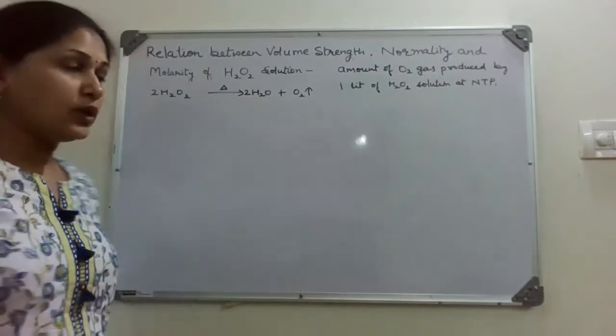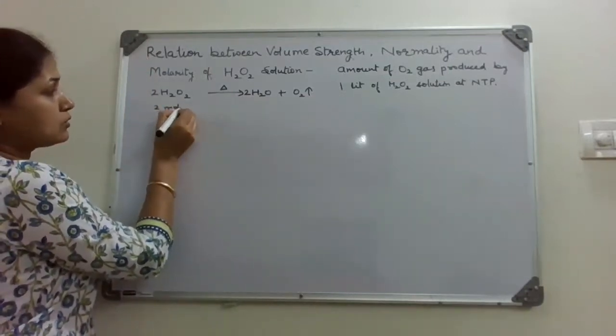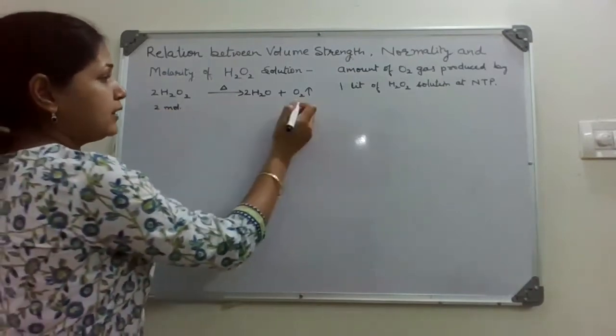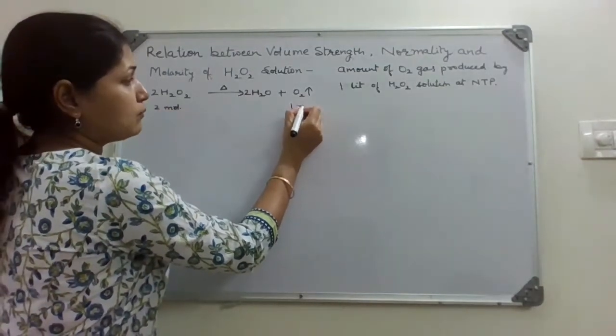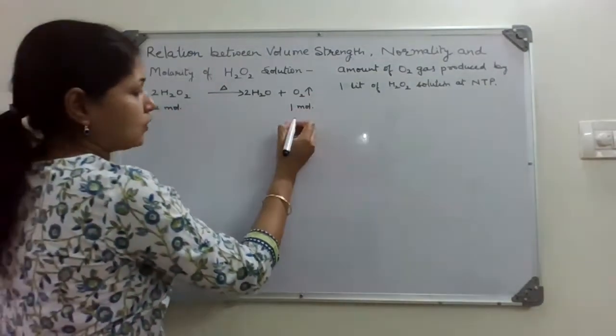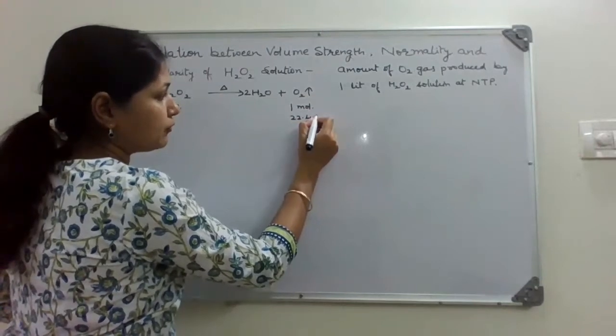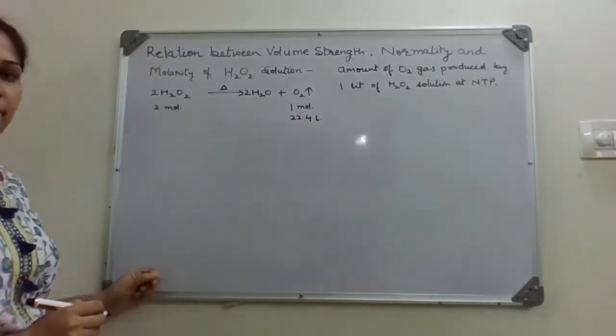If we apply mole concept here, we can say that 2 moles of hydrogen peroxide on decomposition produces 1 mole of oxygen gas. And we know 1 mole of oxygen gas is equal to 22.4 liter of oxygen gas.